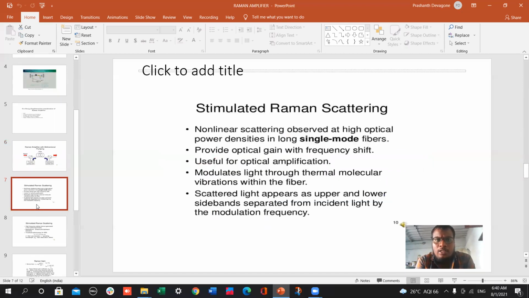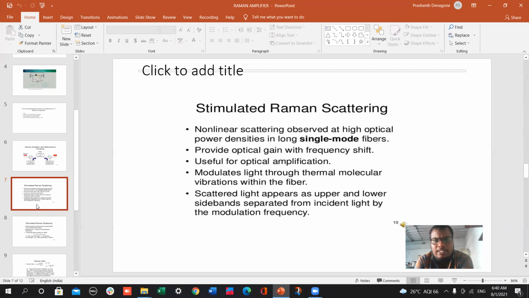Stimulated Raman scattering is a nonlinear scattering observed at high optical power densities in long single mode fibers that provides optical gain with frequency shift, useful for optical amplification. Modulated light interacts with thermal molecular vibration in the fiber.